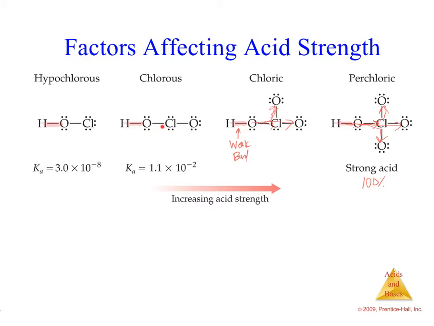Chlorous acid will be weaker with just chlorine and the other oxygen, and then hypochlorous will be the weakest with the smallest Ka, the fewest oxygens. So for a series of oxyacids, if you have the same central atom, in this case chlorine, the more oxygens we have, the stronger the acid.